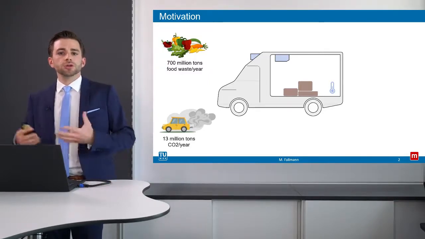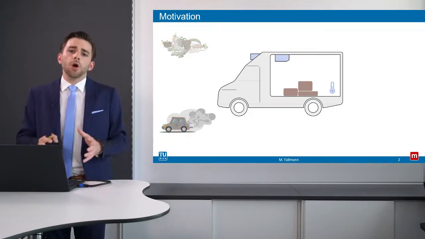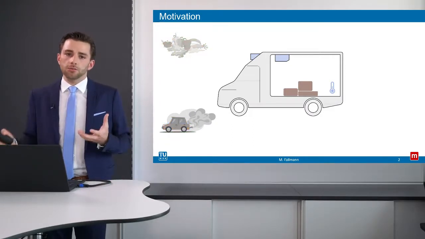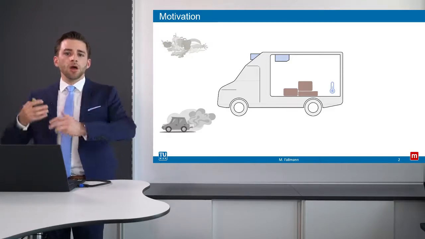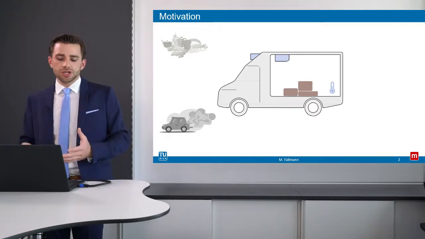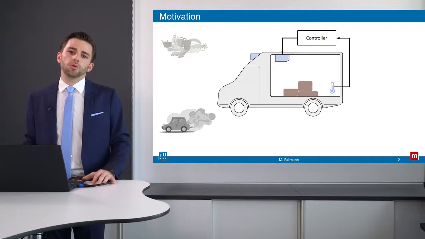That of course goes along with a smaller environmental footprint. But how can we accomplish such desirable objectives? Of course, by designing and implementing an appropriate control strategy that defines how these modular cooling units should be controlled.